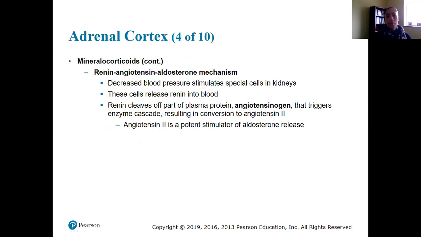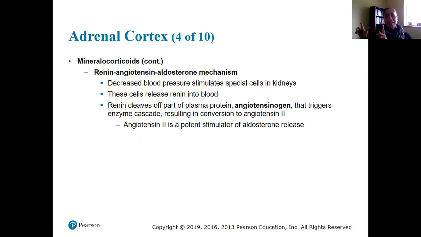Angiotensin 2 is a potent stimulator of aldosterone release. So what happens is we have decreased blood pressure. That decreased blood pressure will trigger the kidneys to make renin, and then renin, through an enzymatic process, will cause the formation of angiotensin 2.